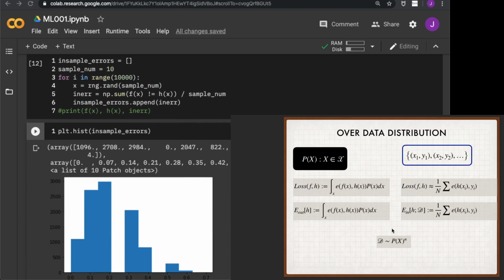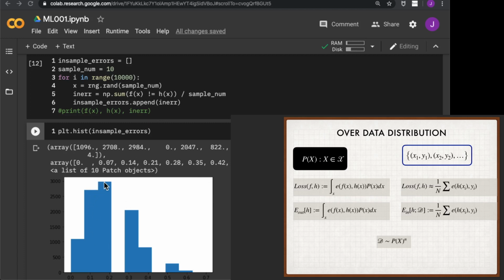So we evaluate the in-sample errors on the training data, and we realize that it is possible that the in-sample errors differ from the out-of-sample errors. In our example, in 10,000 experiments, we have a distribution like that.